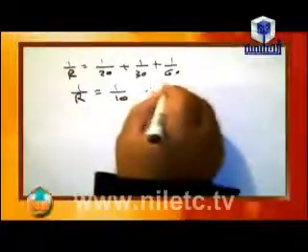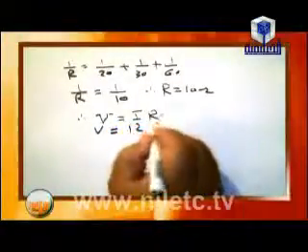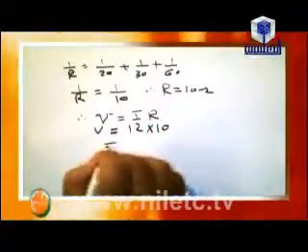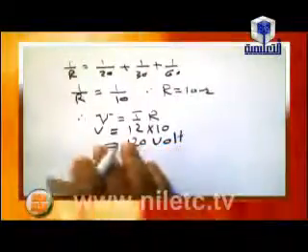Then R equals 10 ohm. Then the potential difference V equals I times R. We know that the current equals 12 ampere and the resistance equals 10, then the potential difference is equal to 120 volt. This is the first problem.